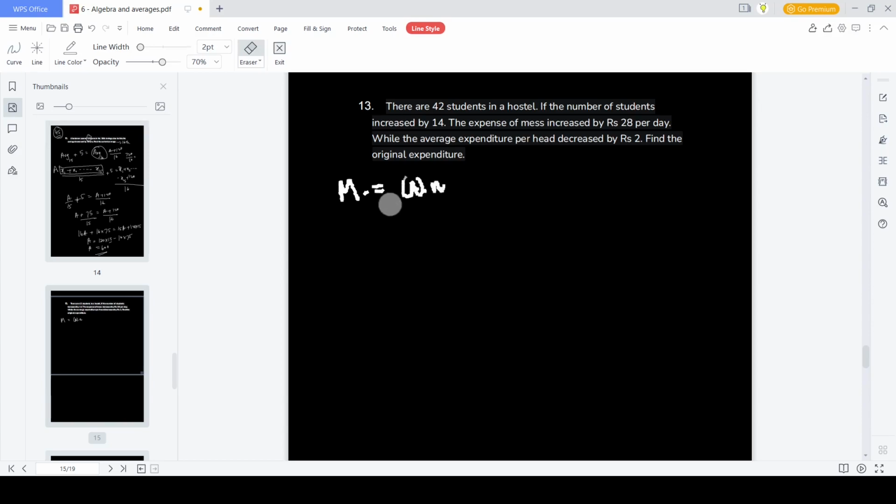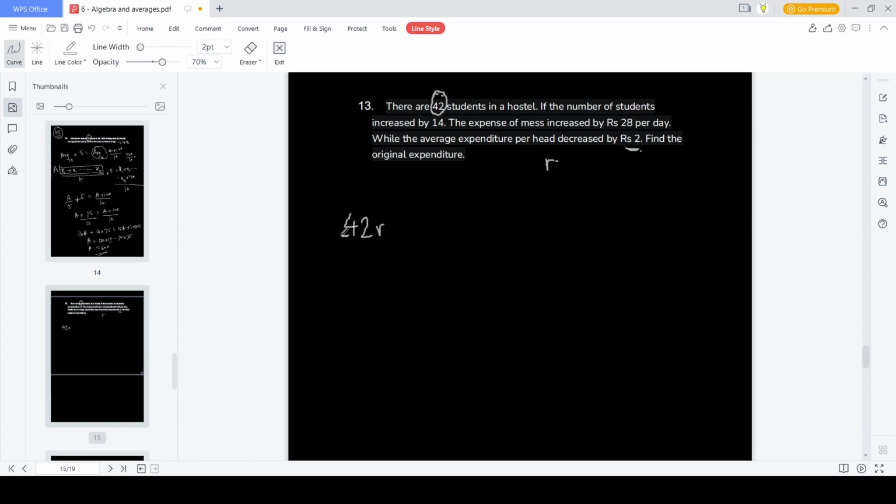Now see, let's say the cost was R rupees per student in the beginning, when 42 students were there in the hostel. After 14 more students came, the per head cost decreased by 2, and the mess cost increased by 28. So 42 into R was the expenditure of the mess initially.